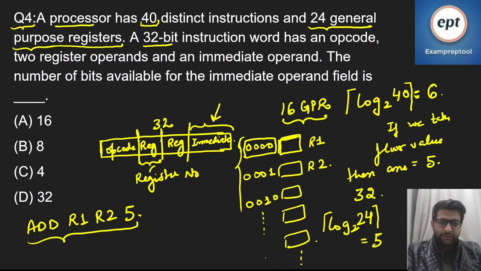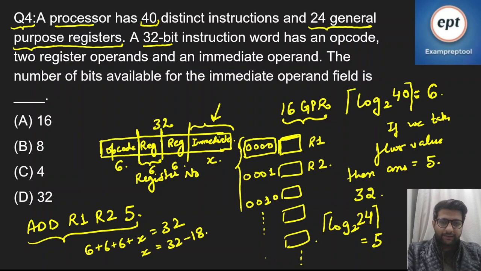So 6 bits for the registers, and since we had 40 distinct instructions, the number of bits for opcode was 6 itself, right? And let's say the number of bits required for the immediate field is x, right? So 6 plus 6 plus 6 plus x equals 32, and this means x equals 32 minus 18, right?